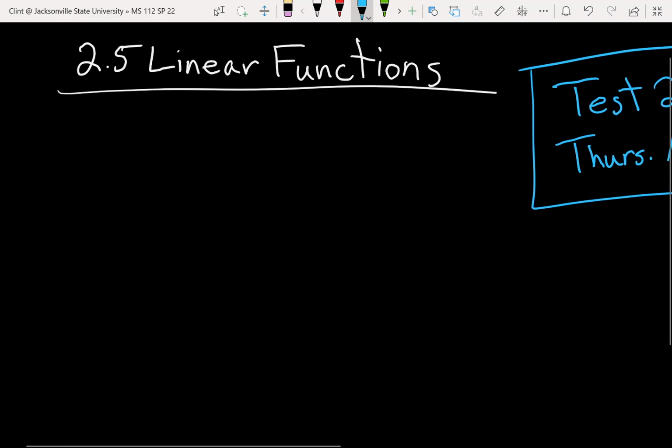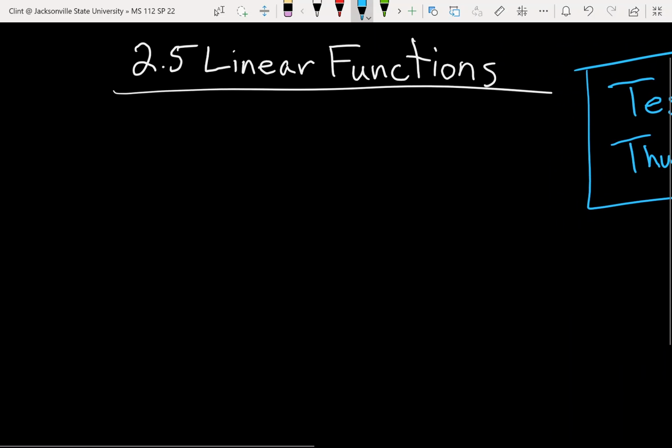All right, so let's take a look at section 2.5. We're a little bit out of order. I just don't really like the order the textbook does stuff. It throws linear functions in kind of a weird spot.